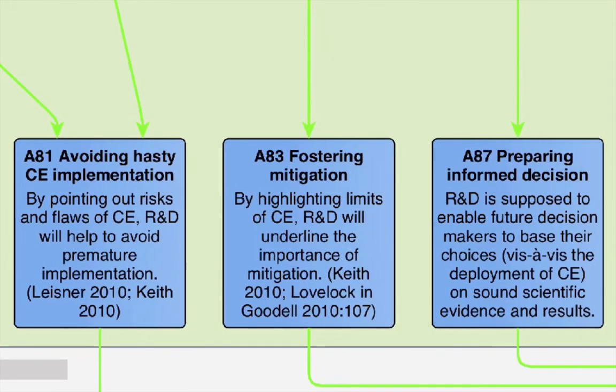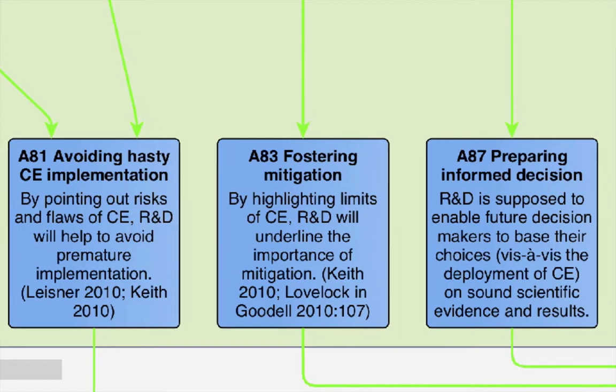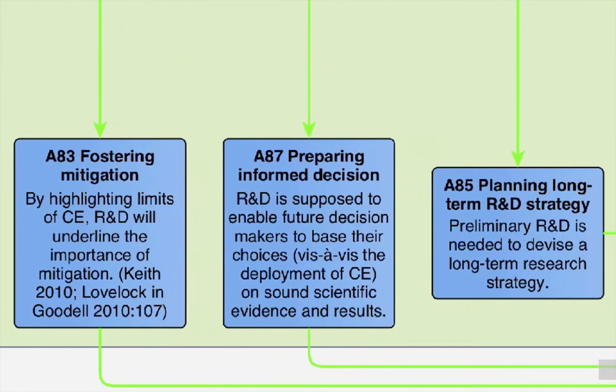Likewise, A83 argues that R&D into climate engineering helps to foster mitigation by showing that CE is no viable alternative to emission reduction. Moreover, A87 claims that R&D is a suitable means for preparing an informed decision on CE deployment which has eventually to be taken.